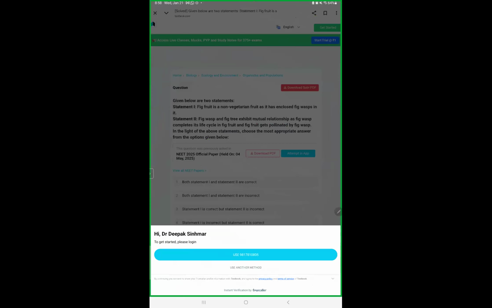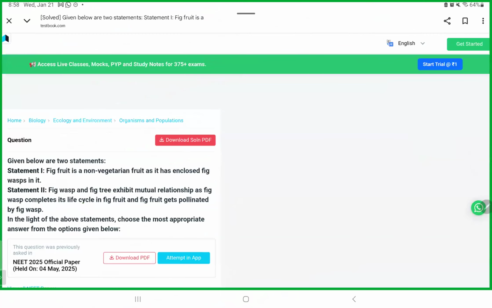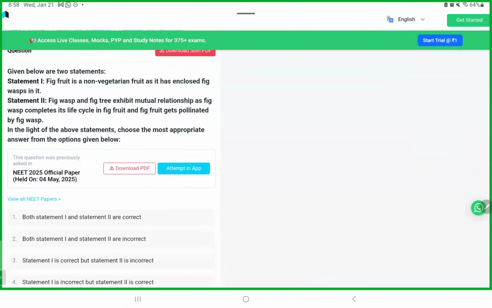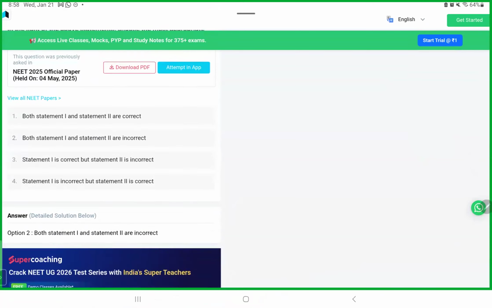Look at this: fig fruit is non-vegetarian. Both statements are incorrect.